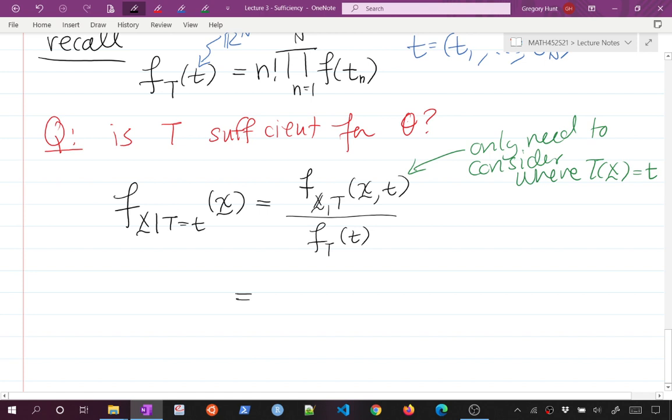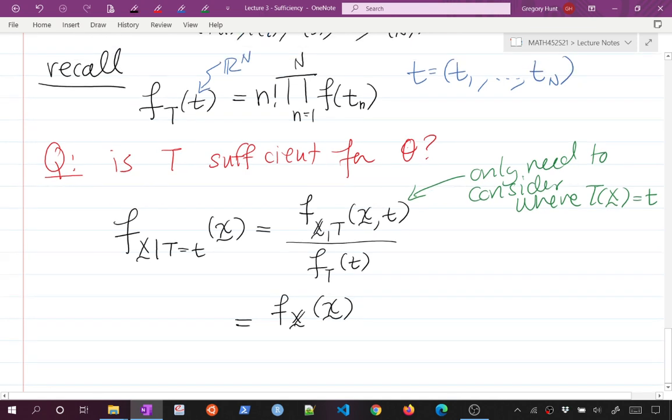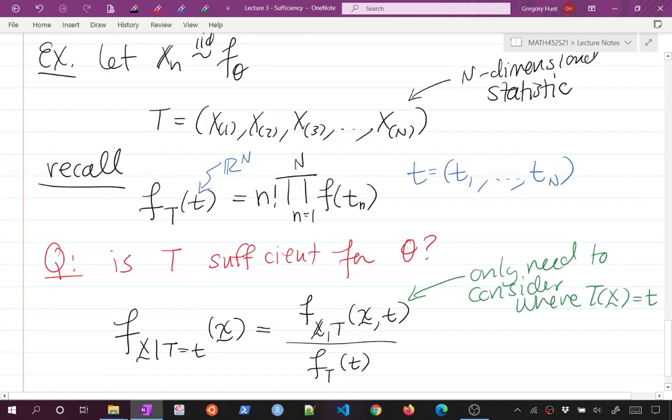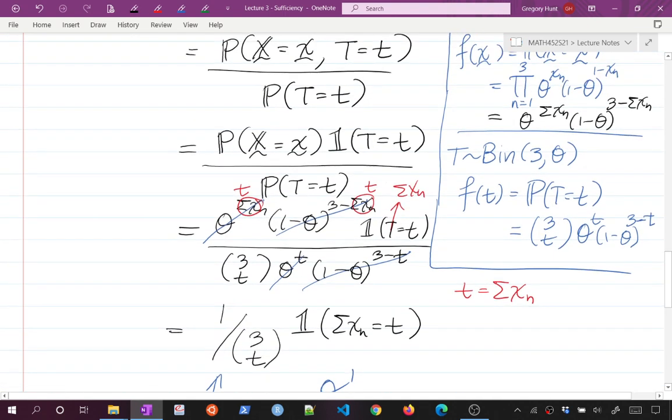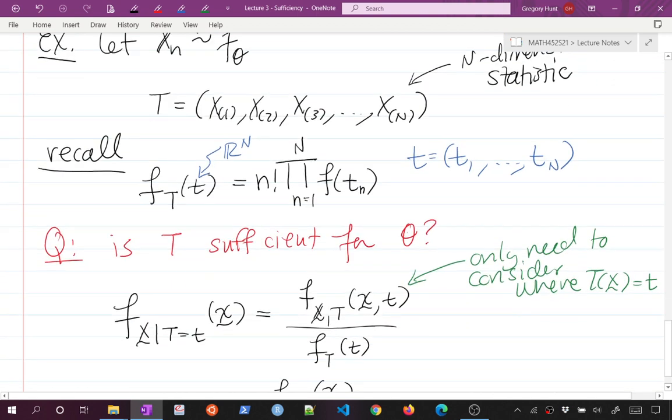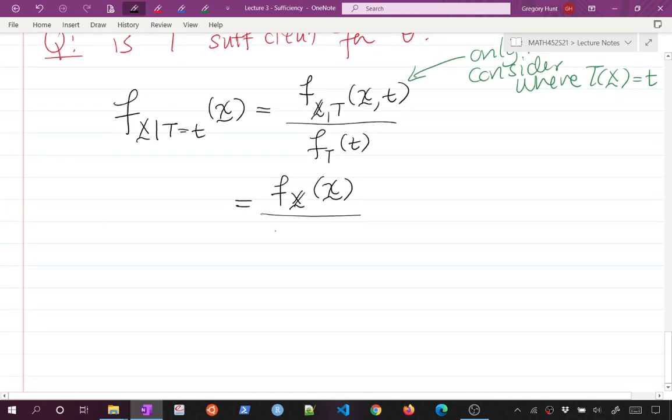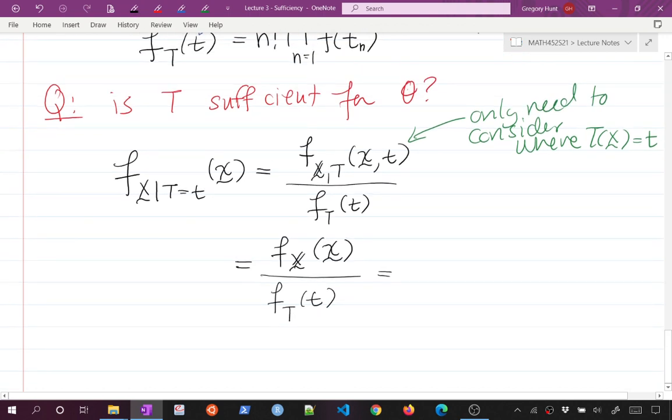And so let's write out what the joint is. We can play that same trick, and we can say this is f of X at little x, right? Why was I able to get rid of the T there? We're playing the exact same trick as here, absolutely the same thing. And say this over f_T of little t, and what's the joint distribution of the data?